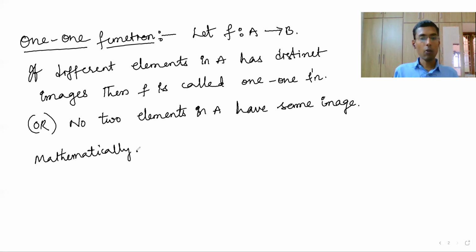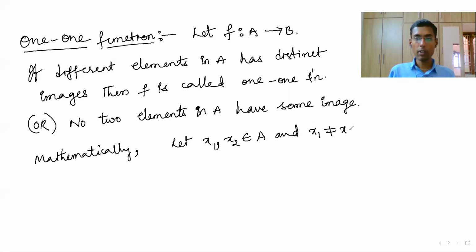Let x1, x2 belong to A. Any two elements you are taking from A. Distinct means they are not equal, different elements. Then what should happen? Their images f of x1 should also not be equal to f of x2.